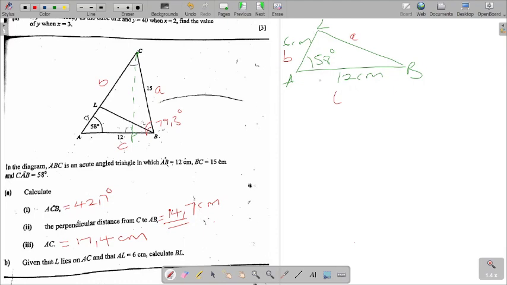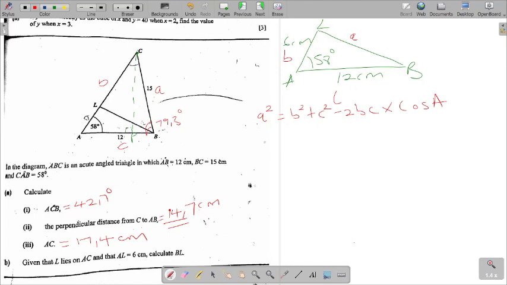So to find BL, which is side a, we use cosine rule, because you have been given two sides and one angle. Finding the missing side, I mean, you use cosine rule. So we say a squared is equal to b squared plus c squared minus 2bc times cos A.